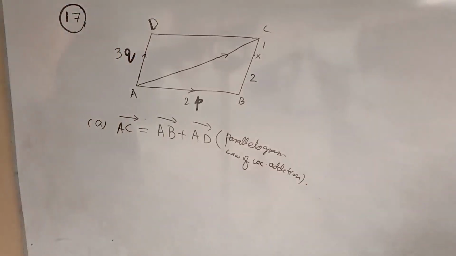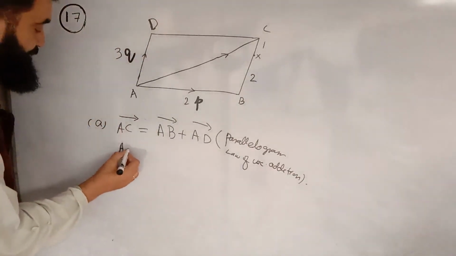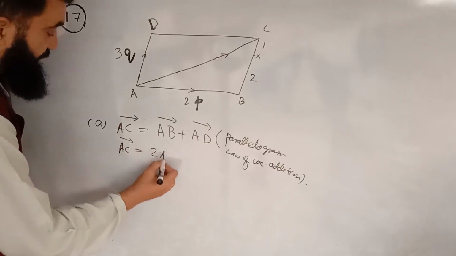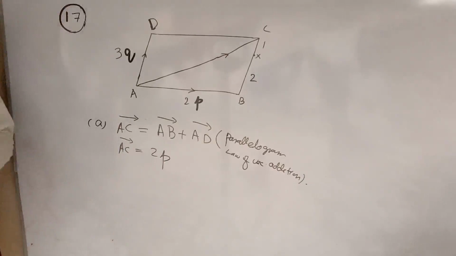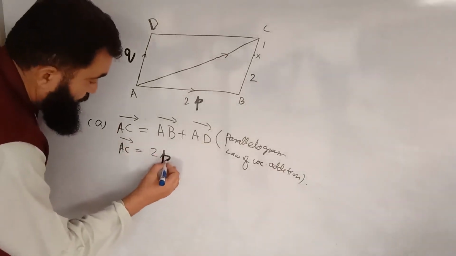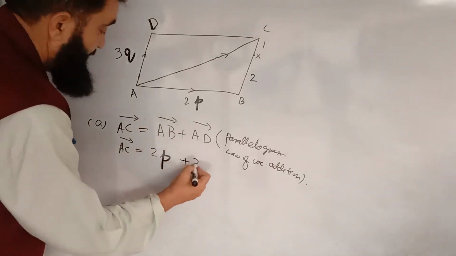So AC is AB plus AD, and it is given that AB is equal to 2P. P is a vector here, so I make it boldface. 2P plus AD, which is 3Q.